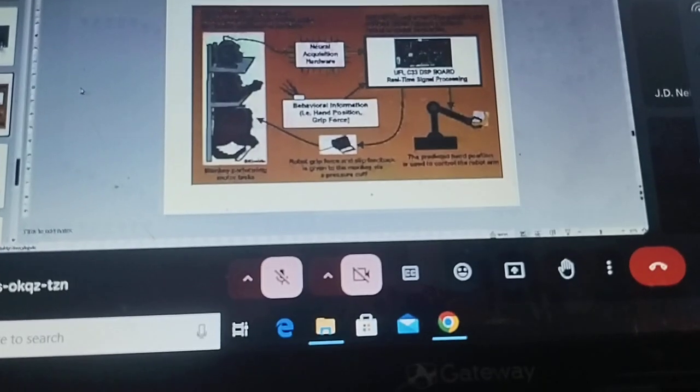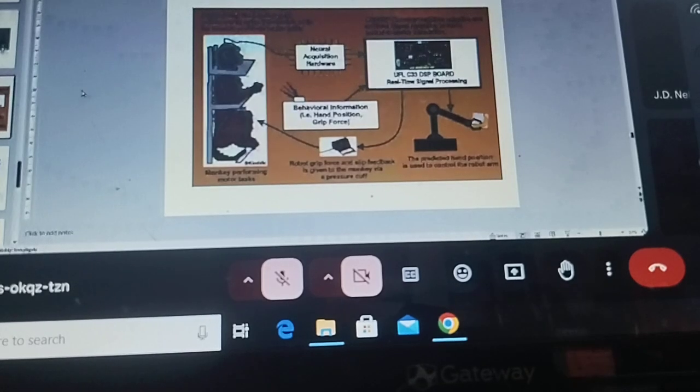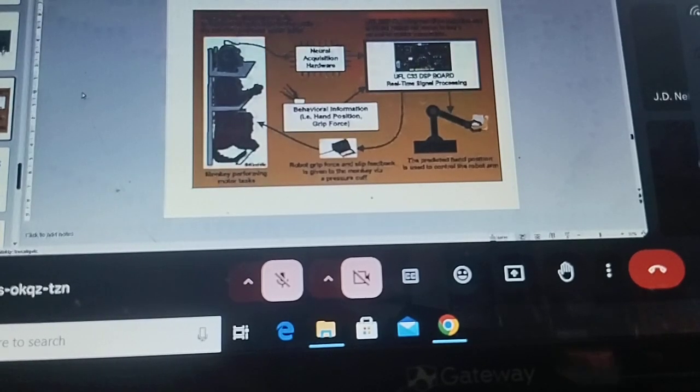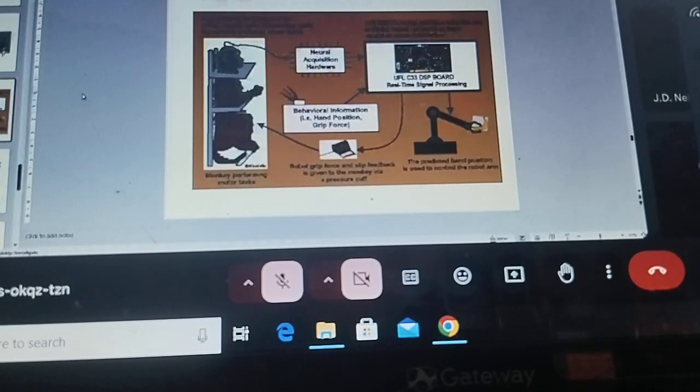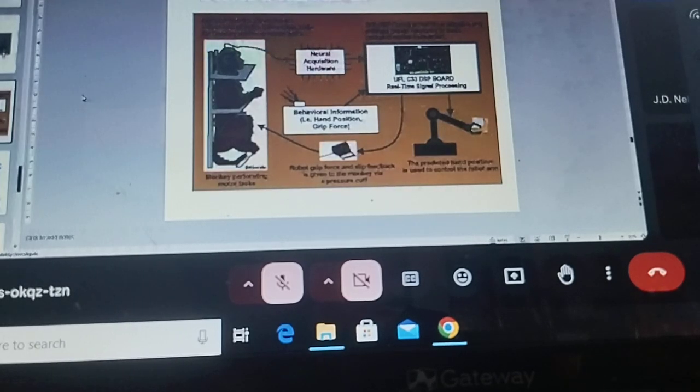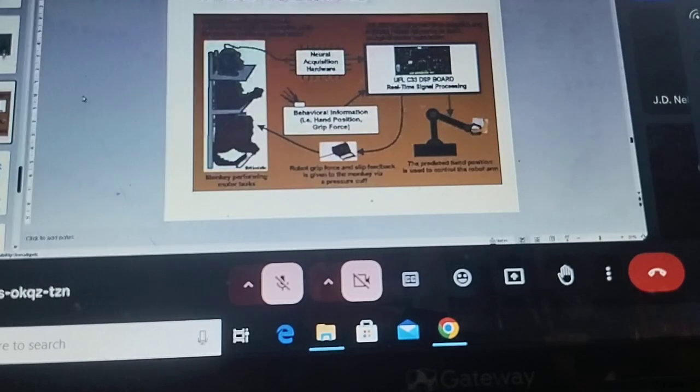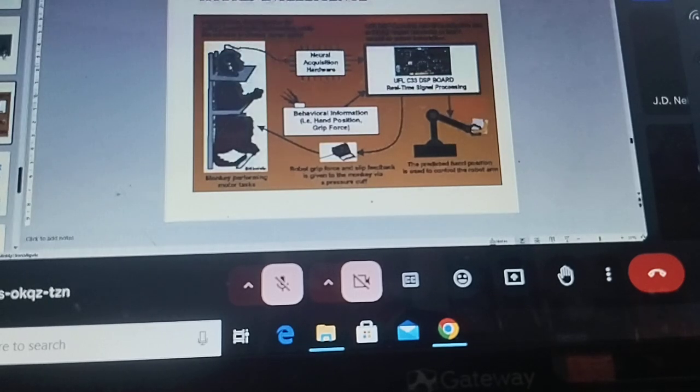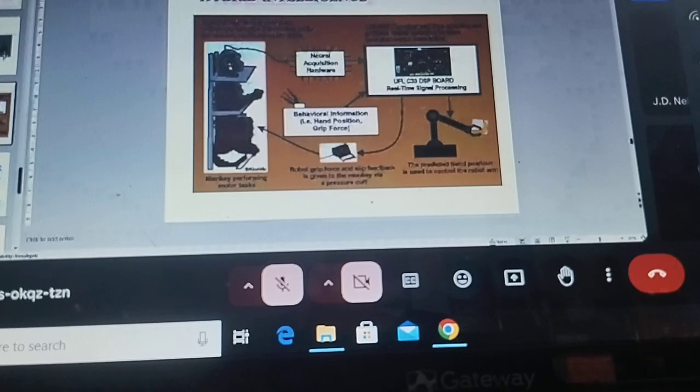A hybrid processor can be made using the intelligence of the real brain and the computational capabilities of the hardware.